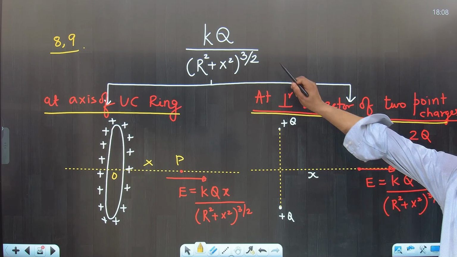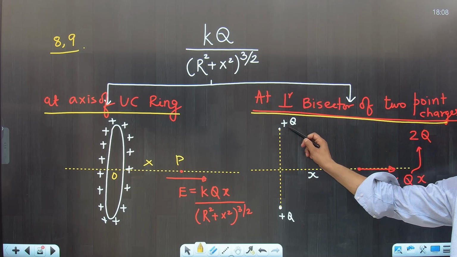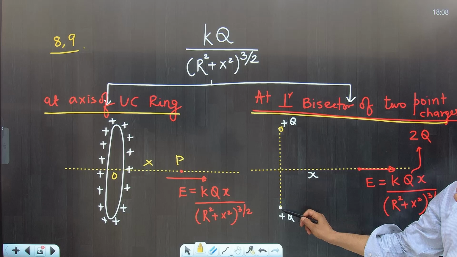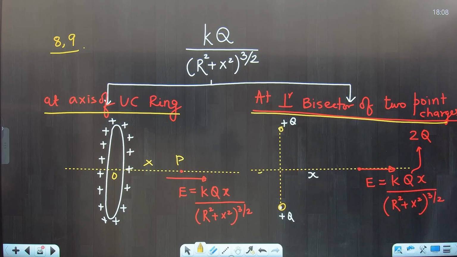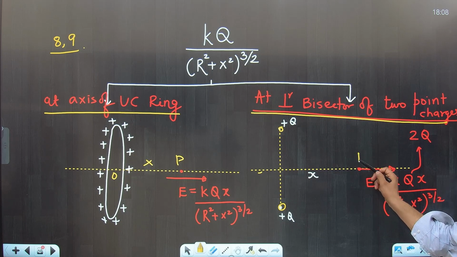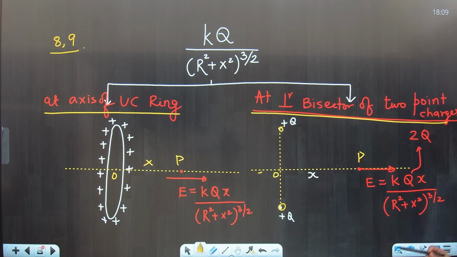This term also comes at the perpendicular bisector of 2 point charges. There is one point charge, there is another point charge, and this is the perpendicular bisector. You have to find the electric field at point P, which is at a distance x from this point O. So you will use the same formula, E is equal to kqx by (r square plus x square) to the power 3 by 2, and in place of q there is only one change.